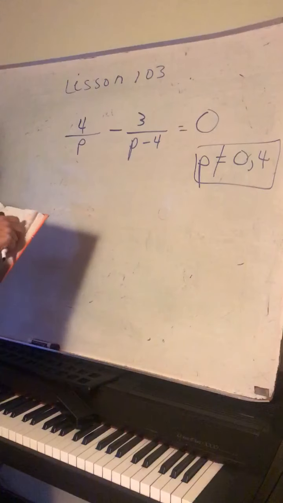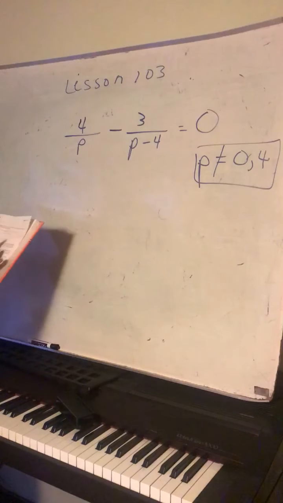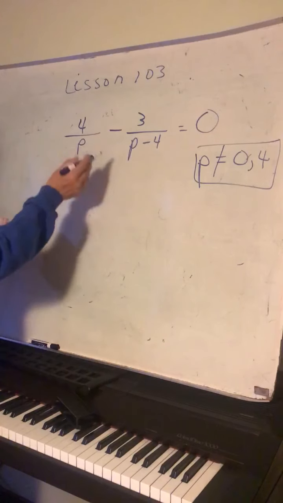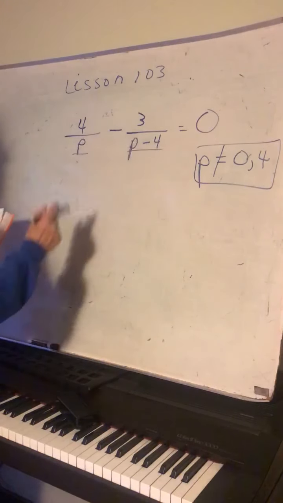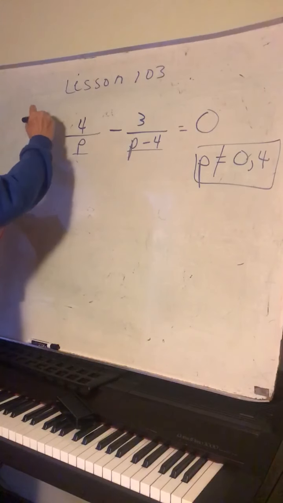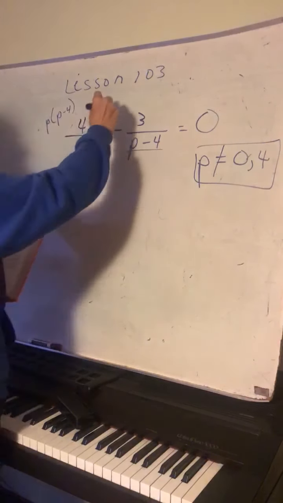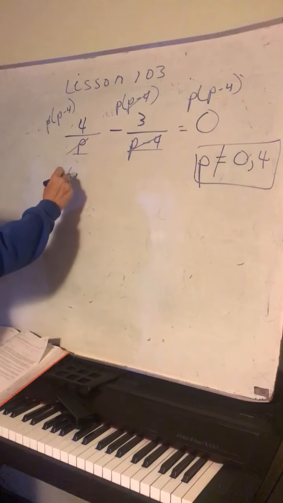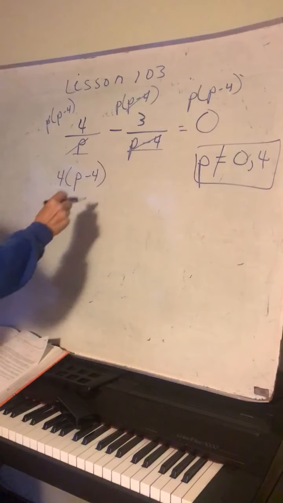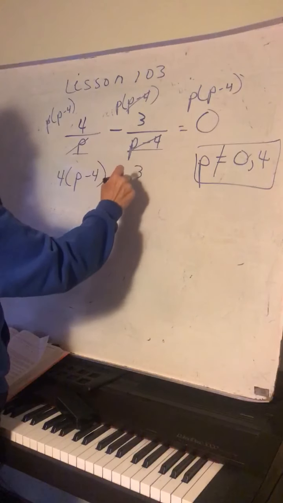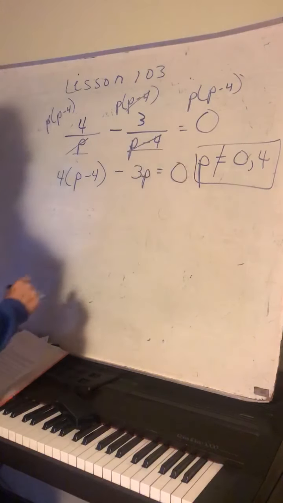They'll cover more of that in Algebra 2, but let's go ahead and work this out. We're looking for the LCM, and the LCM is both of those together. We multiply everything by that. Then we can eliminate that, eliminate that, and we end up here with 4(p minus 4) minus 3p equals 0.